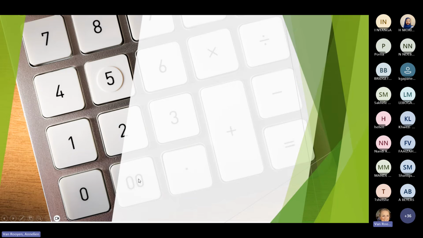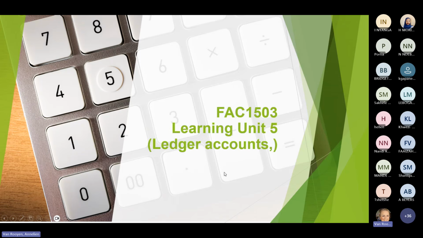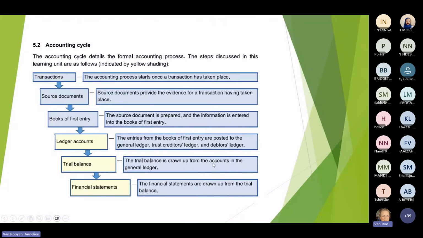Okay. So, as I said, tonight we are focusing on learning Unit 5, the ledger accounts. And I just want to go back a few steps. Remember last time I said everything starts with a transaction. When you go and buy petrol at the petrol station, and we're not talking about prices this evening, you get a source document, which is the printout from the machine to say that you've purchased 500 rands petrol.